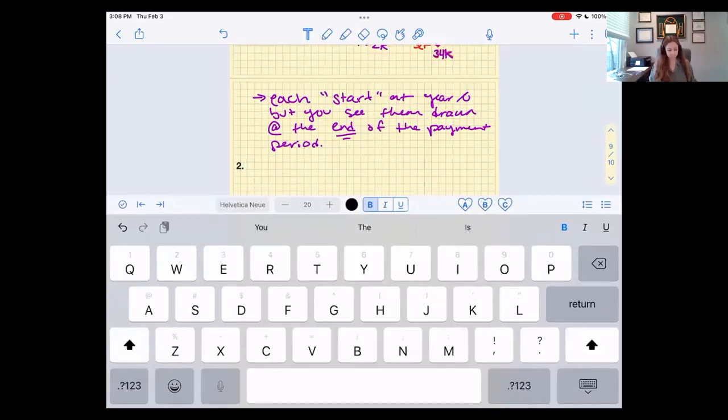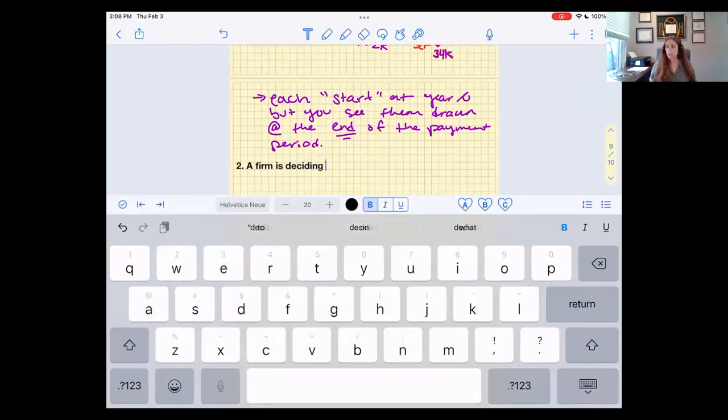All right, number 2. Again, we're going to come back to each of these examples and do calculations next time. So make sure you write the examples down. A firm is deciding between 2 machines.